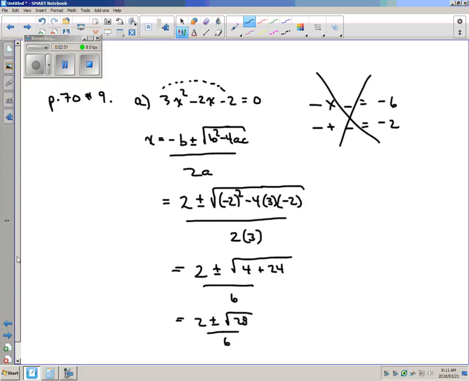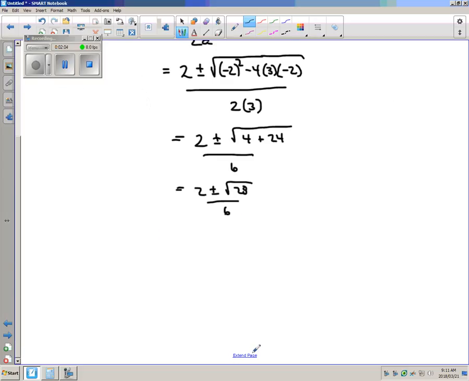If you were to check the answer in the back of the textbook, this is not the right answer, okay? Because this 28 here is not fully reduced. So they're going to do this, right? Like we looked at in question 7, we can clean that 28 up because 28 is the product of 4 times 7. Remember, I'm trying to find a number that goes into the 28 that has a nice square root, which in this case is 4.